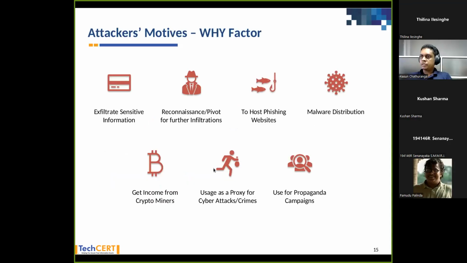These sort of motives mean they exploit sensitive information, or pivot, or use it for malware distribution, phishing, propaganda, or any of these factors. I think I answered your question. Yes, sir.